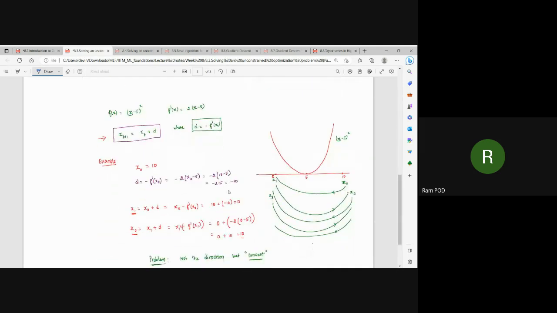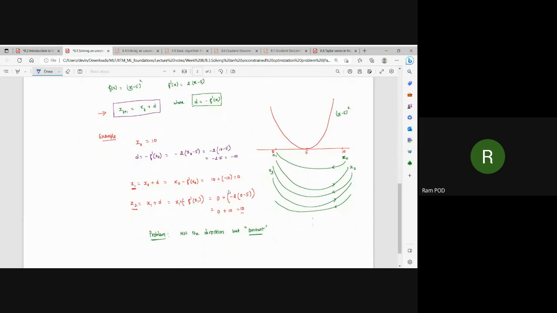The next problem is, now we know that the good direction to move is minus f dash of x. We try to solve this particular problem alone, (x minus 5) whole square. You start with 0, or 10. Say you start with 0. The d value which you get is going to give you 10.